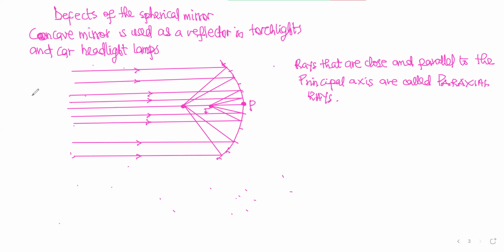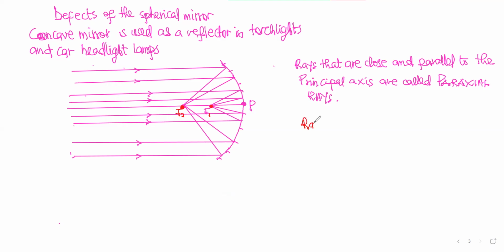So we have another principal focus. We have F1 and F2. These rays, which are not close, far away from the principal axis, are also given a special name. They are known as marginal rays.